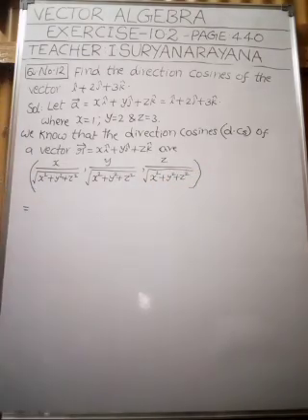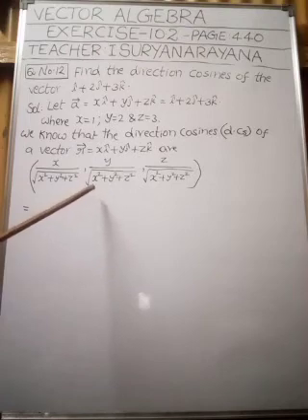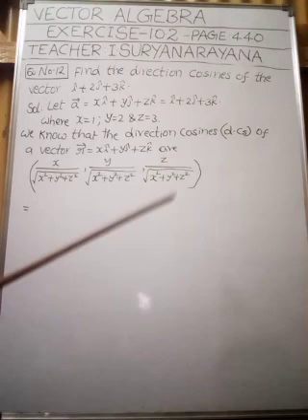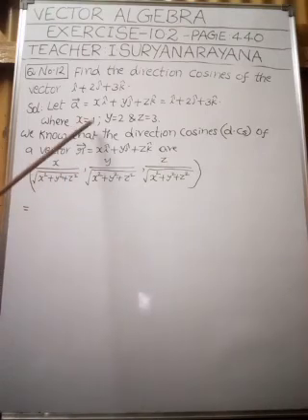Okay, my children, by using this formula, we can find the direction cosines of the given vector. Right. Now let us substitute x, y, and z values in this formula.